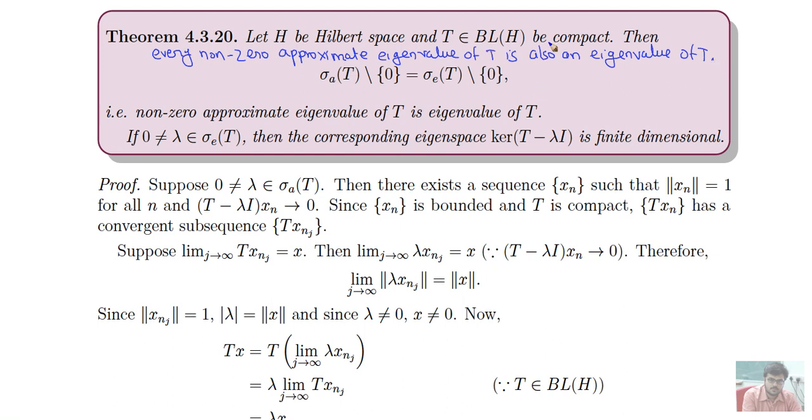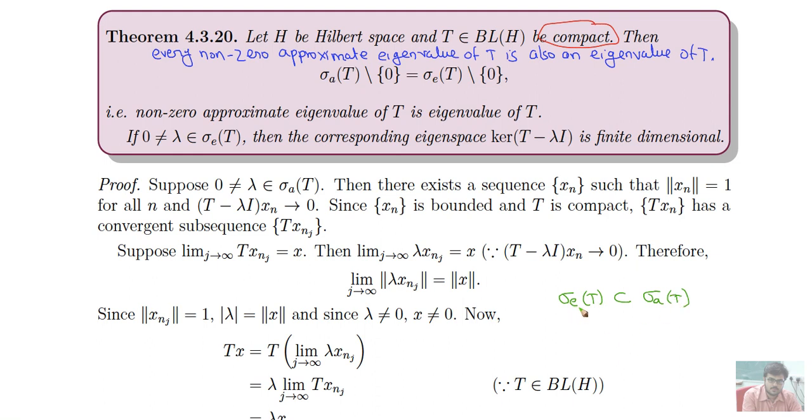So what it says is, if we assume this compact condition, then every non-zero approximate eigenvalue of T is also an eigenvalue of T. Now you recall what is the relation between eigenvalue and approximate eigenvalue? We know in general sigma_e(T) is a subset of sigma_a(T).